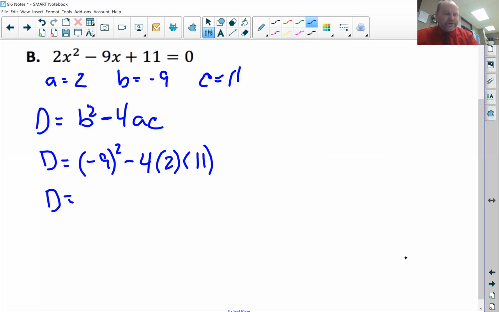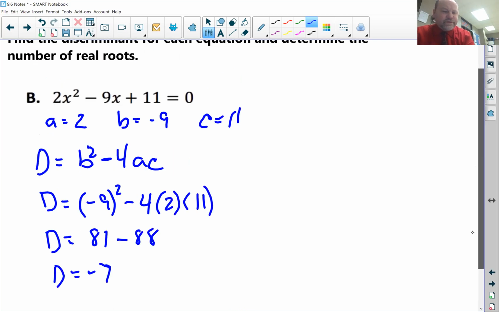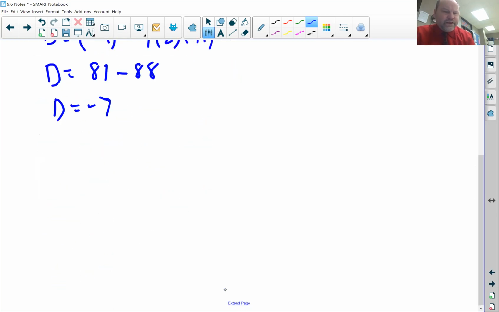If you don't have a calculator to use, you can go (-9) squared is 81 minus 88. So we get -7. And this one would have 0 real roots.